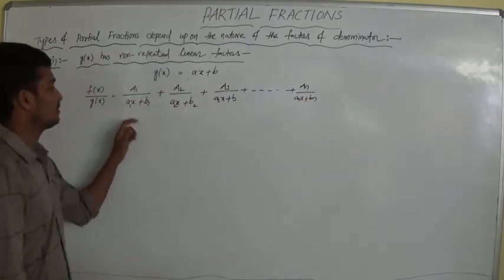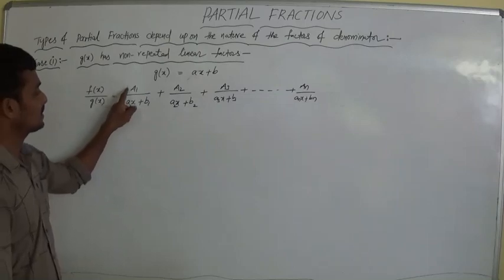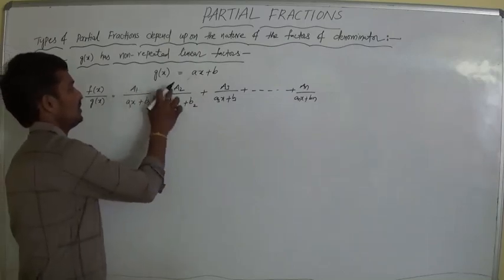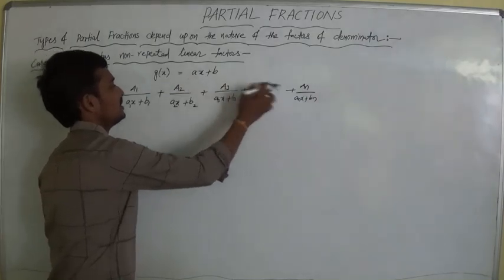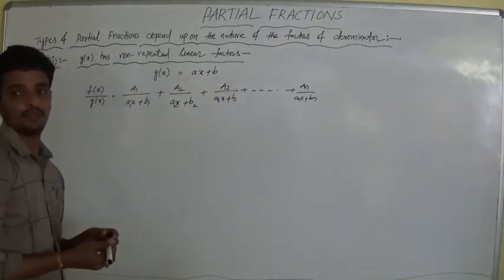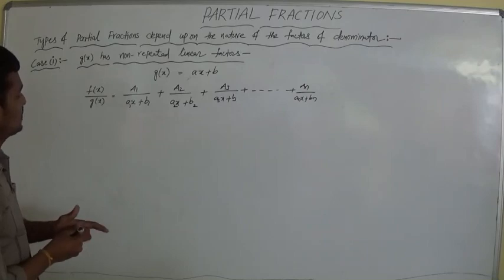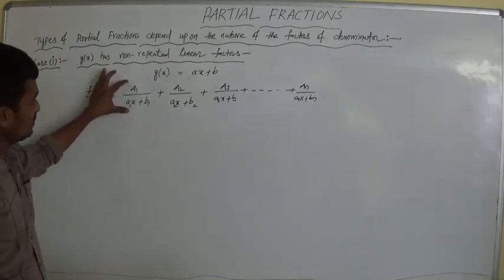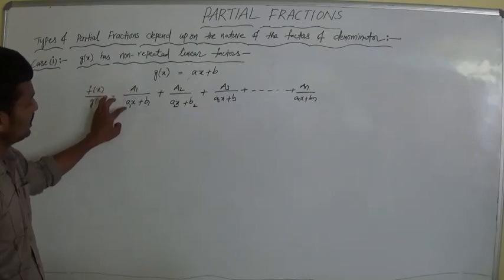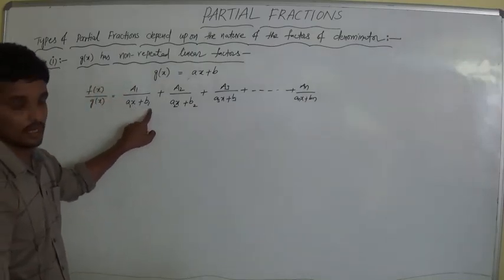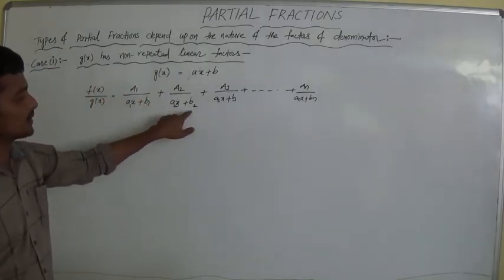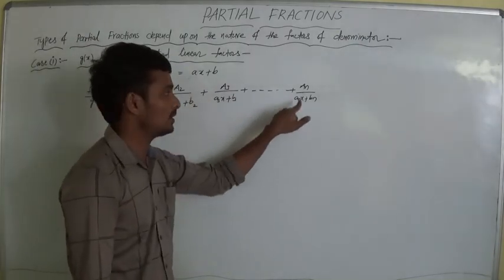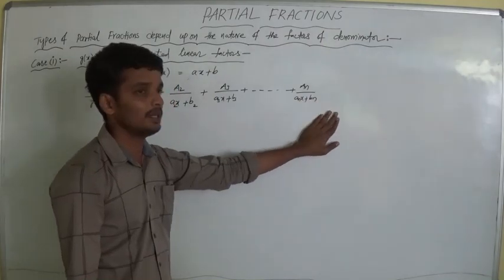If you are confusing capital A, small a, capital B, small b, you can use different symbols, like a, b, c, d. So f of x by g of x is equal to A1 by a1x plus b1, A2 by a2x plus b2, A3 by a3x plus b3, and so on, An by anx plus bn.